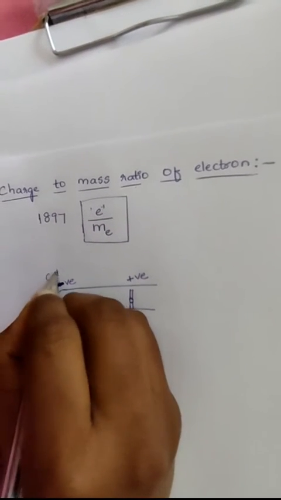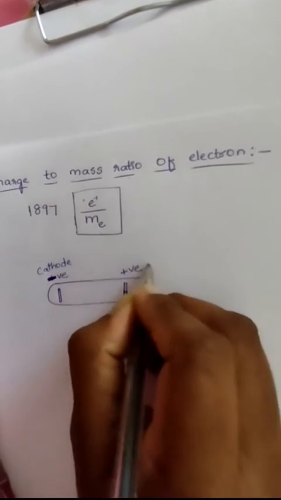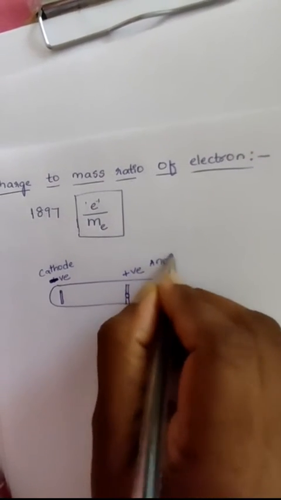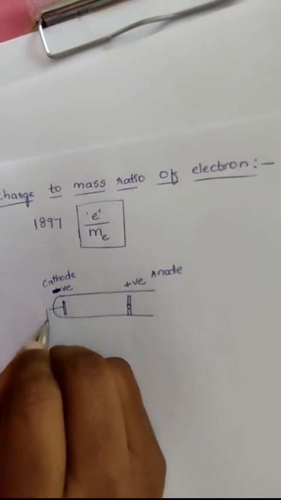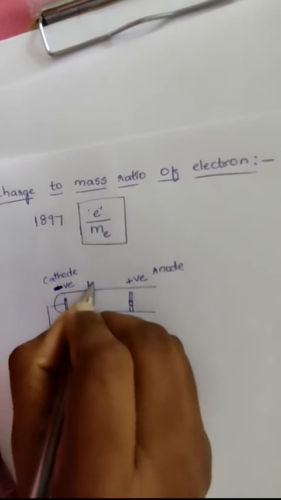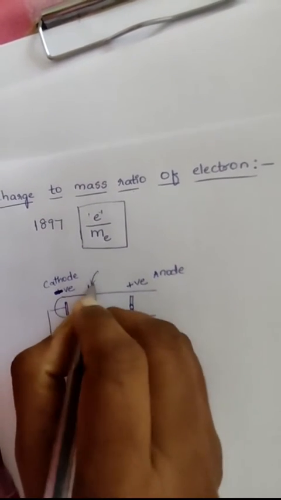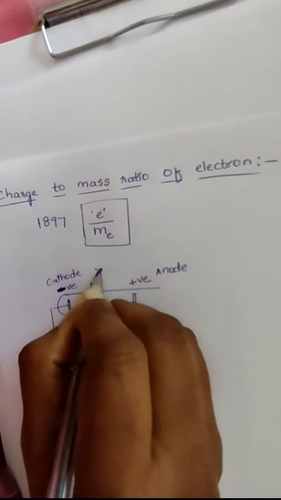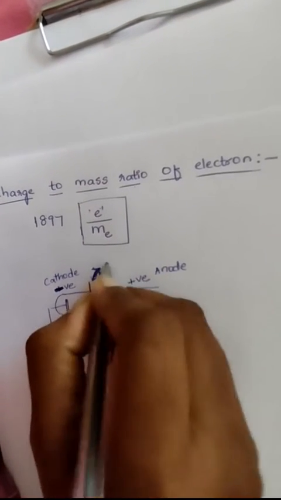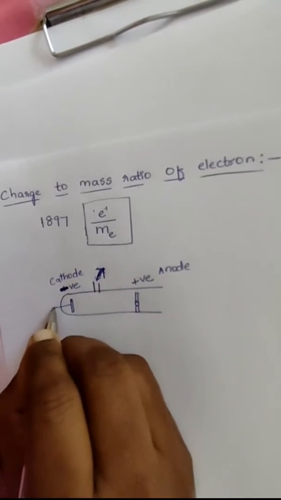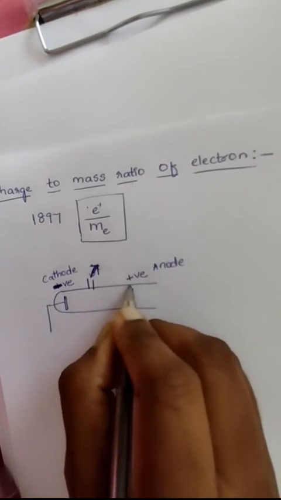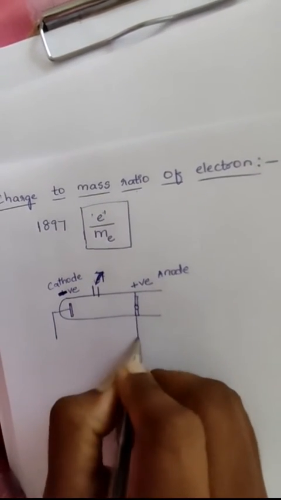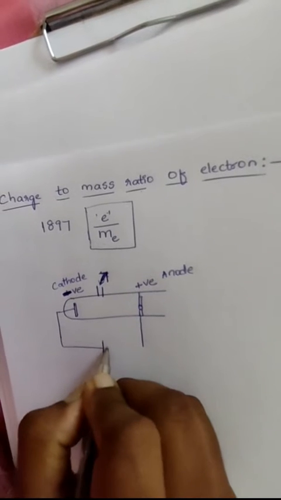A vacuum pump is there so that the gas gets evacuated, creating very low pressure, and high voltage is applied.